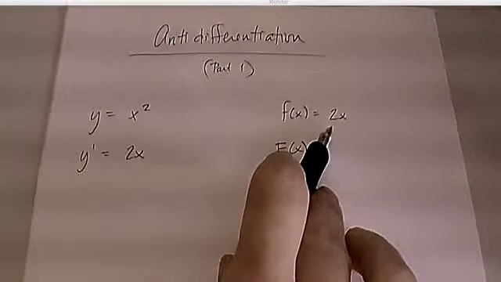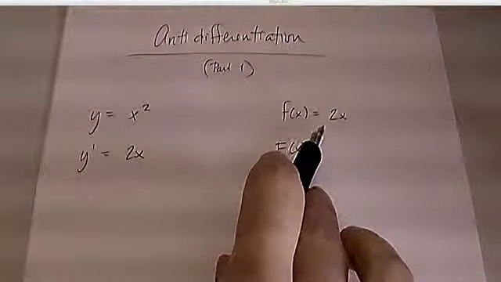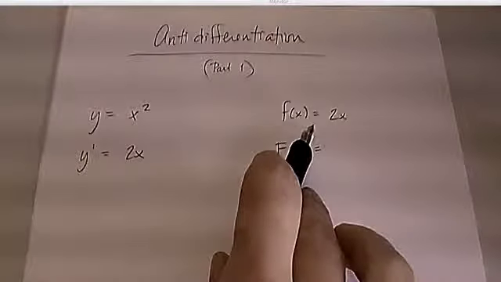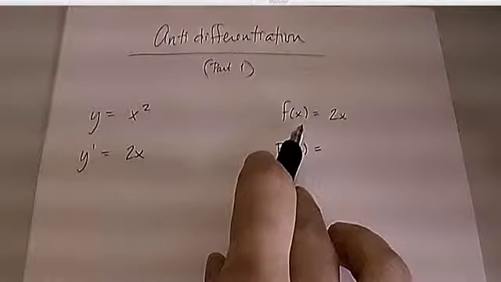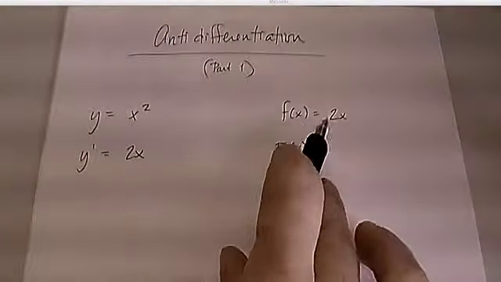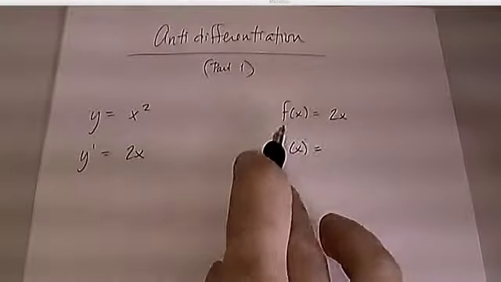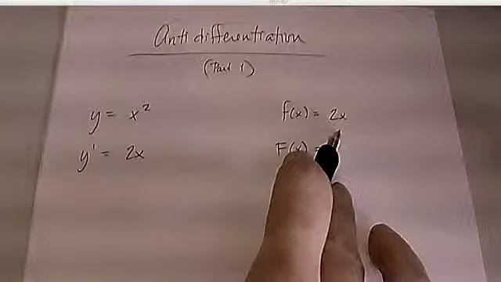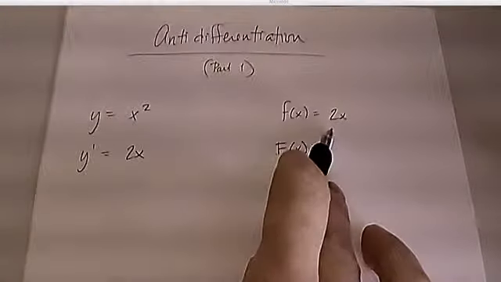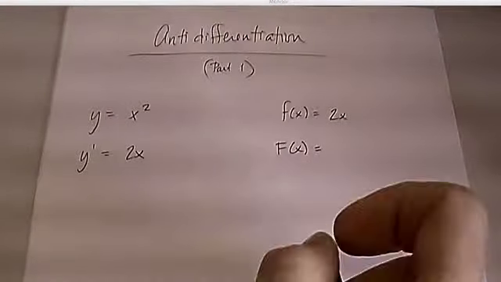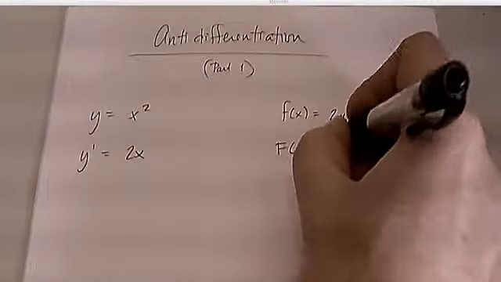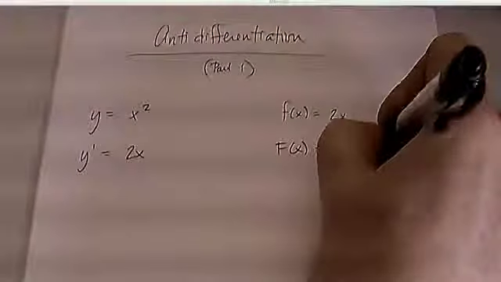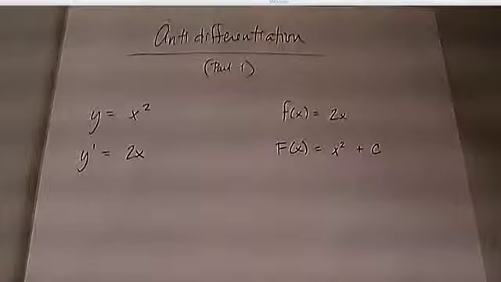So when I'm anti-differentiating, unless I have what's called a starting condition, like an initial condition, this derivative does not describe one curve, it describes a family of curves. And since I don't know which one I'm talking about yet, I have to put x squared and then tack on plus c.